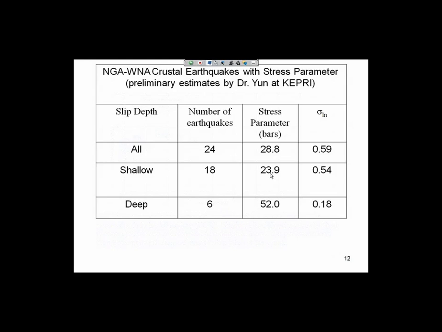But basically, there's a huge and significant difference between the stress parameter for deep earthquakes, close to 52 bars, and for shallow earthquakes, closer to 24 or 25 bars in Northern California, in California in general. And also the sigma decreases quite a bit. There's quite a bit of scatter in the shallow earthquakes that isn't observed in the deep earthquakes.